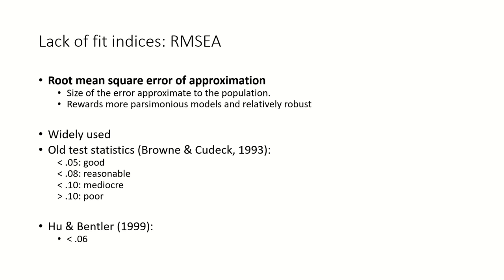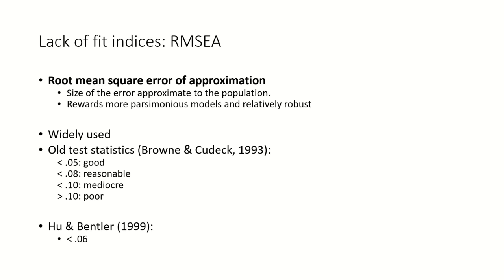If it is between 0.05 and 0.08, it fits reasonably well. If it is between 0.08 and 0.1, it is mediocre fit. And if it is above 0.1, then it's really a poorly fitting model. Hu and Bentler, in their simulation study, said that we have to be a bit more stringent.